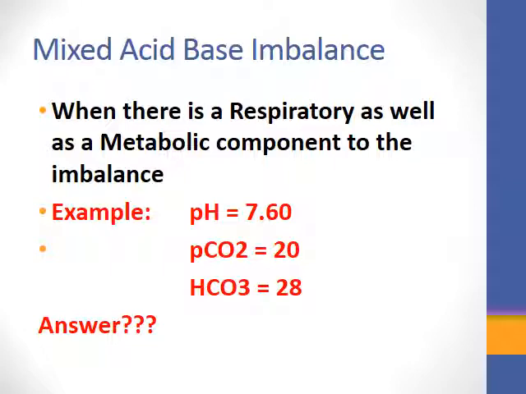And then your bicarb is 28, and that is increased, so that is also a base. All three of those match. So what would the answer to this be? It would be that we have alkalosis because they're all bases, and we actually have respiratory and metabolic alkalosis in this case.